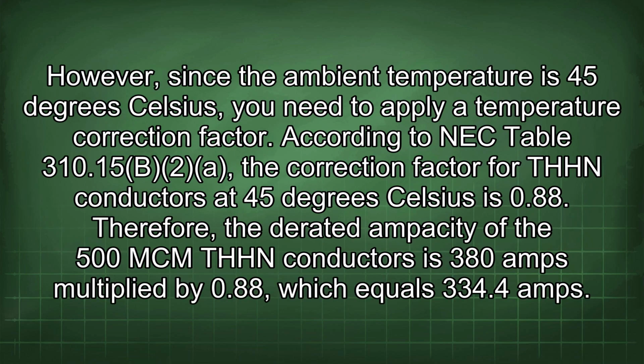However, since the ambient temperature is 45 degrees Celsius, you need to apply a temperature correction factor. According to NEC Table 310.15(B)(2), the correction factor for THHN conductors at 45 degrees Celsius is 0.88. Therefore, the derated ampacity of the 500 mcm THHN conductors is 380 amps multiplied by 0.88, which equals 334.4 amps.